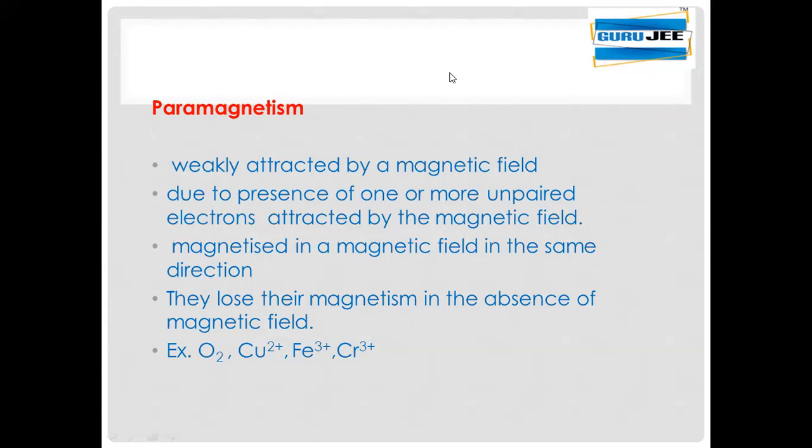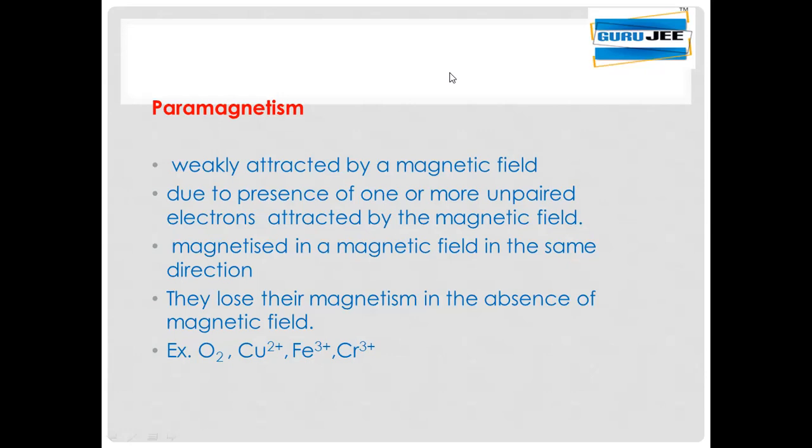After magnetization, these electrons will arrange in the same direction as that of the magnetic field. That means if we apply a magnetic field from one direction, the electrons will be aligned in the same direction. And if we remove the magnetic field, this type of magnetism can easily lose its magnetic properties.